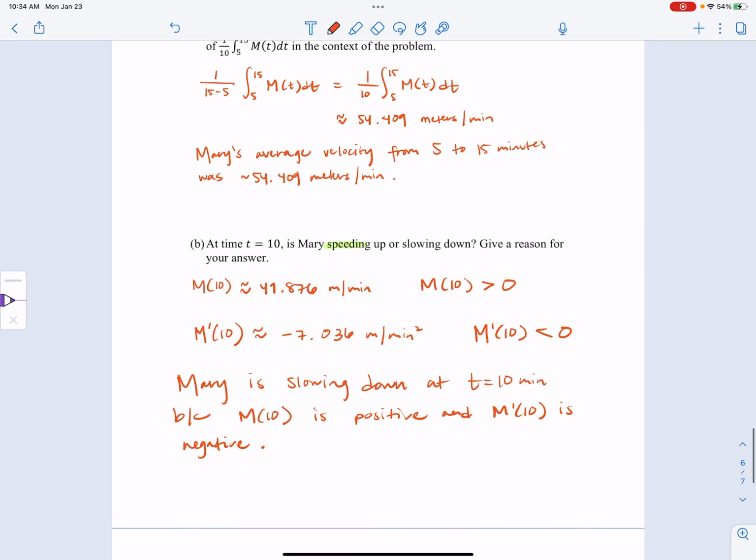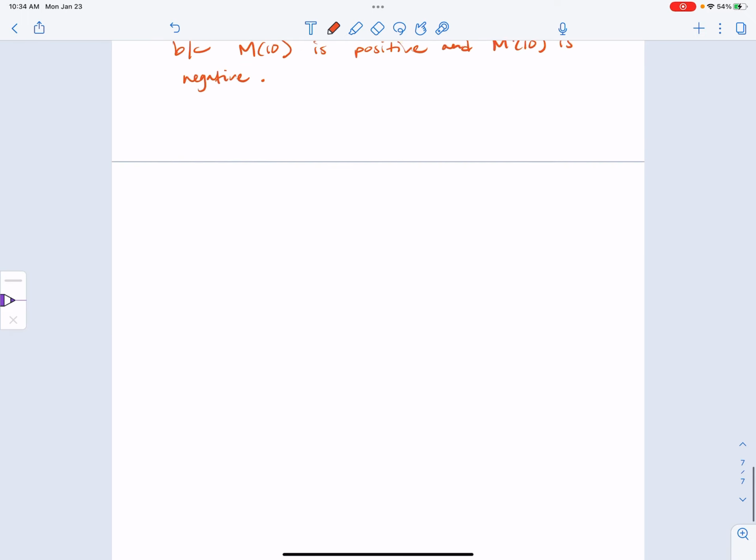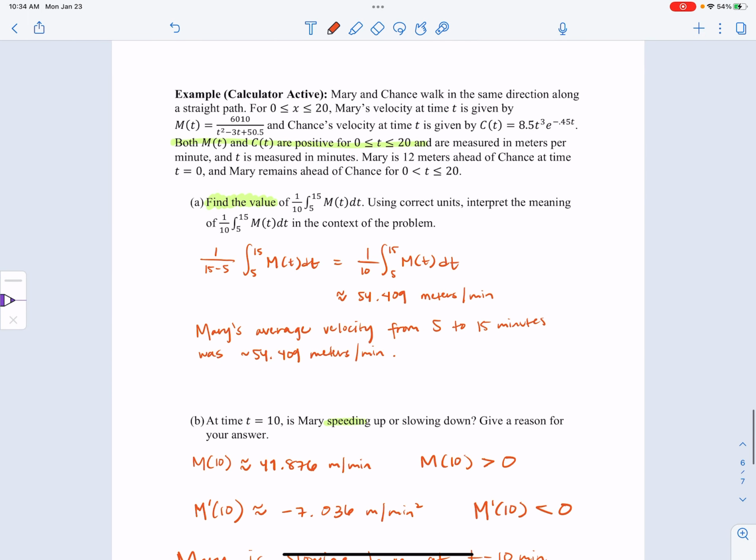So that would be enough justification. Okay, and then we'll be able to answer the other parts of this question once we've gotten a little bit further into the section.